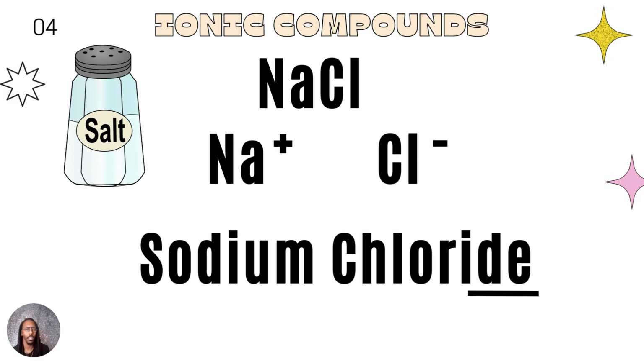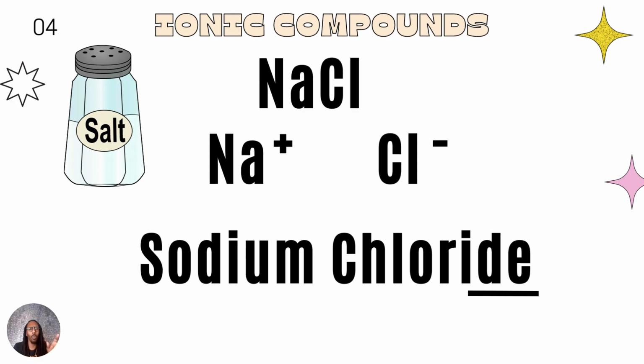The anion, which we said was chlorine. Chlorine comes second. So we got our cation first, anion second. That's the order you need to understand for ionic compounds: cation first, the metal; anion second, the non-metal.